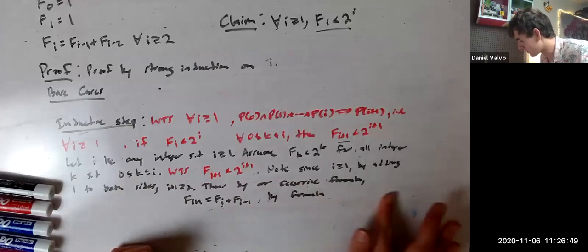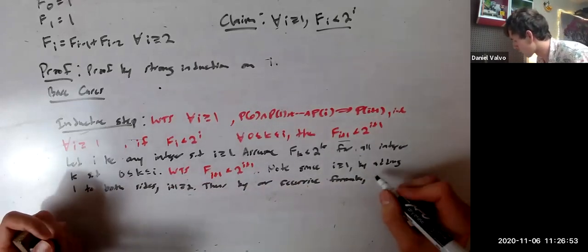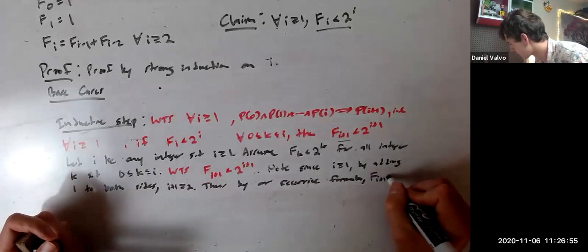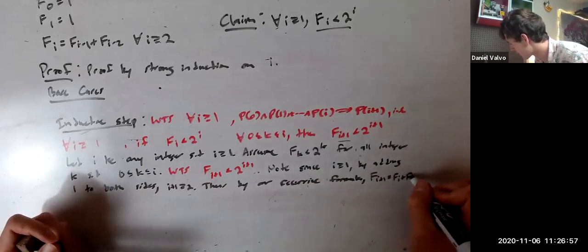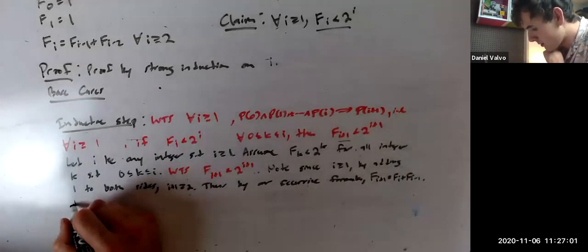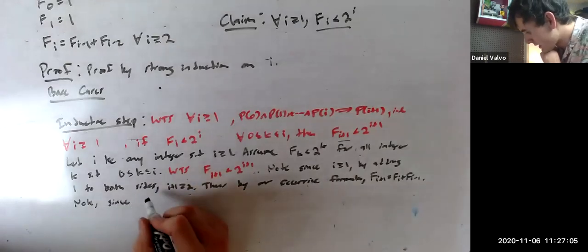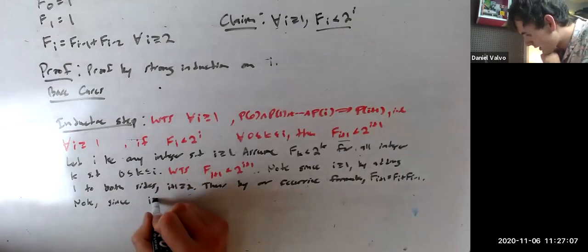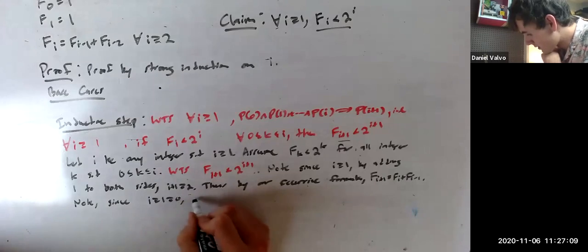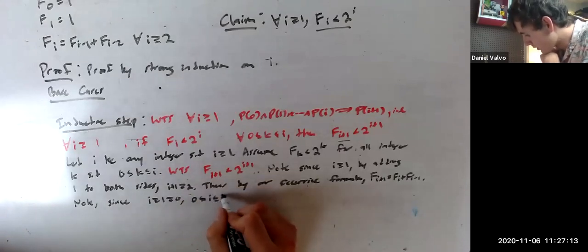Actually, I'm going to write that down a little more rigorously. By the formula, f of i plus 1 equals f of i plus f of i minus 1. So I'll say, note, since i is greater than or equal to 1, which is greater than or equal to 0, 0 is less than or equal to i, which is less than or equal to i.